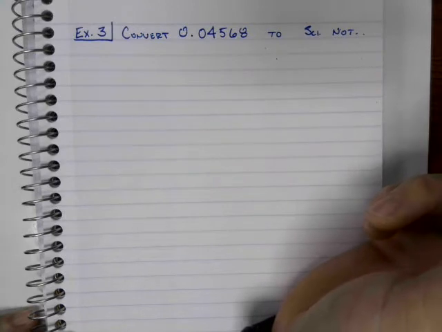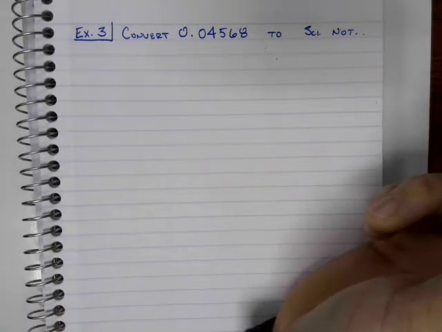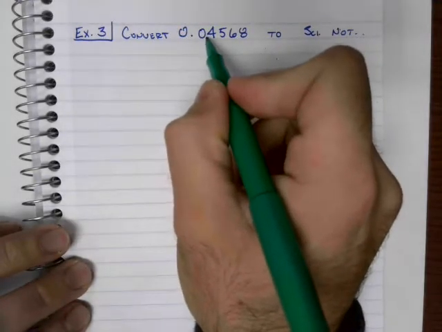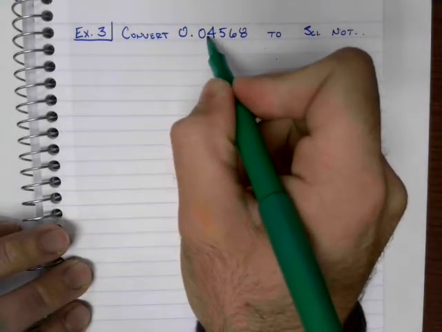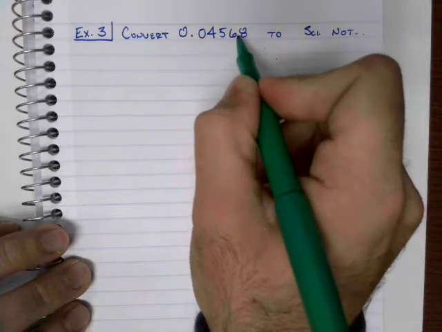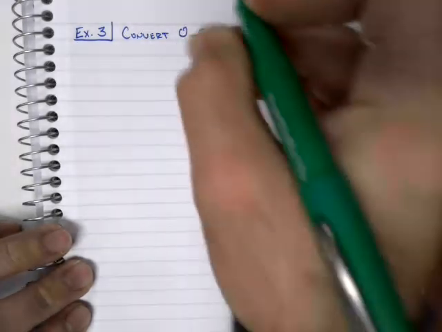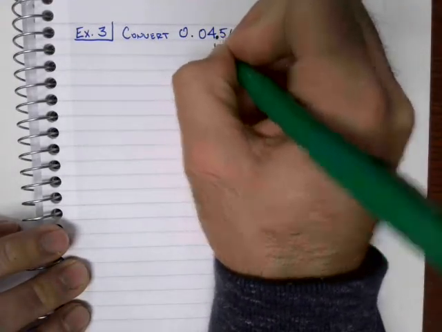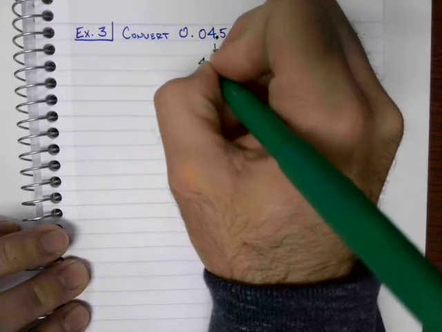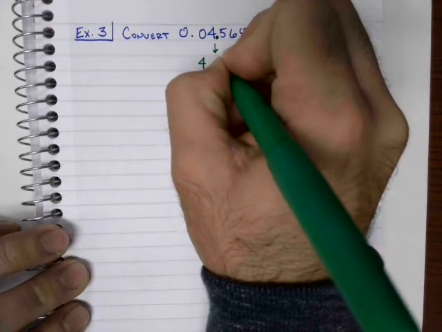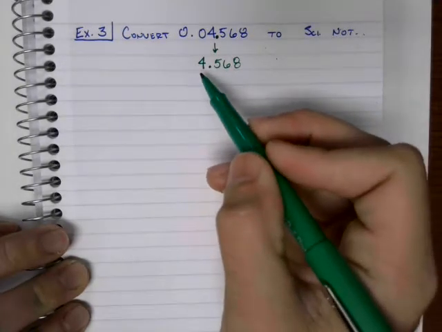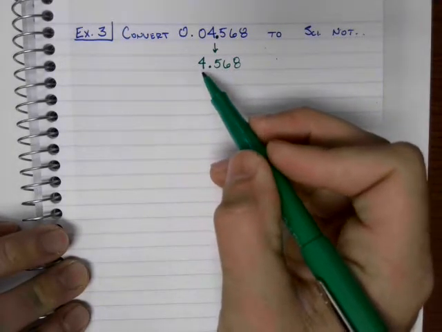If I place the decimal here, that makes it 0.4, which is still less than 1. If I place it out here, that's 456, which is greater than 10. So I'm going to place my decimal between the 4 and the 5, which now makes it 4.568. That number is definitely between 1 and 10. 4 is greater than 1, and 4 is also less than 10.